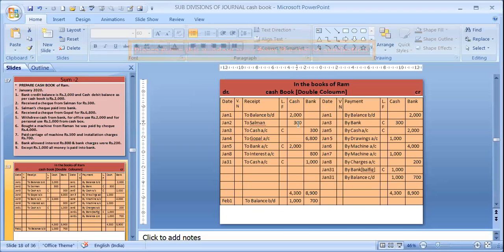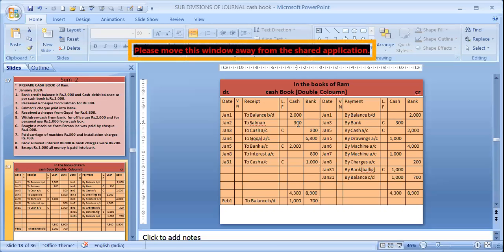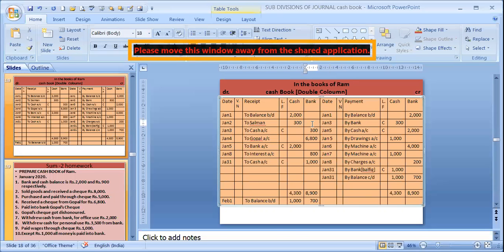I would have supposed that that check has been deposited into the bank the same day. Again, I repeat, whenever you receive a check, if nothing is informed about that check, or it is informed in the sum that the check has been deposited into the bank the same day, then that amount of check will come in the bank column. Simply, to Salman in the bank column, you receive the check.